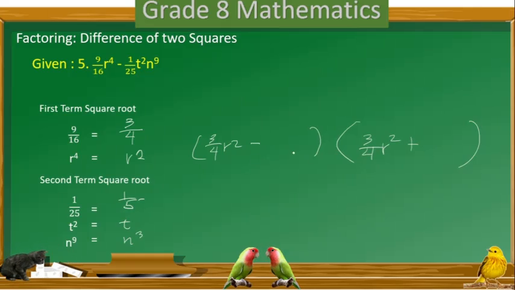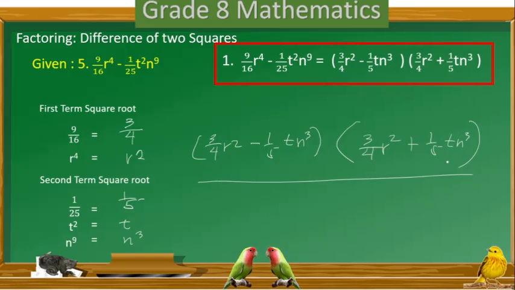Then the square root of the second term, which is 1/5. 1/5 n cubed. 1/5 n cubed. Okay, that is the answer.